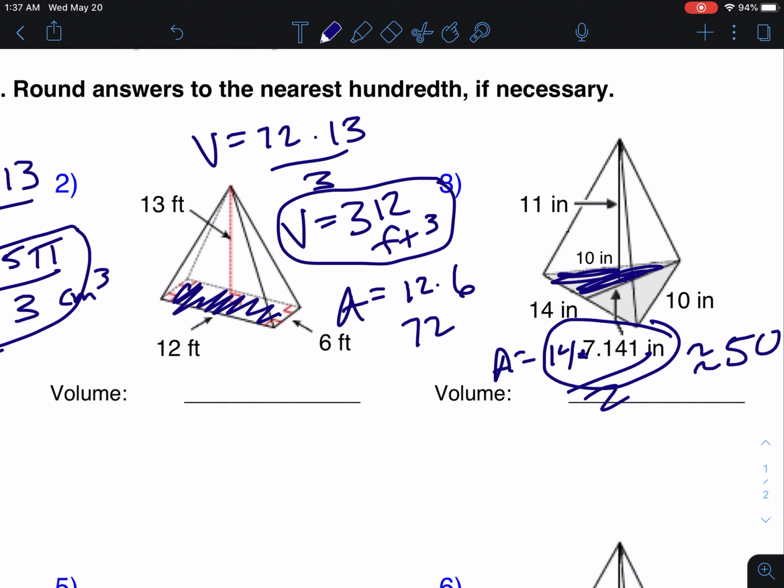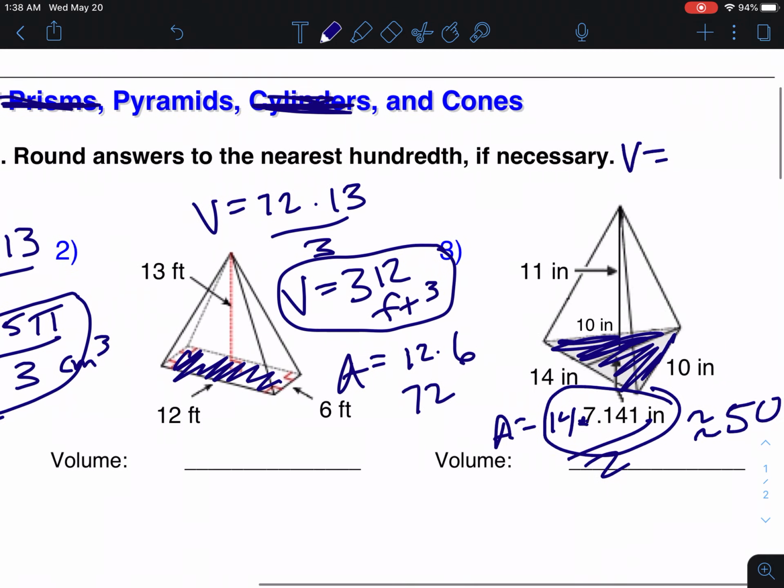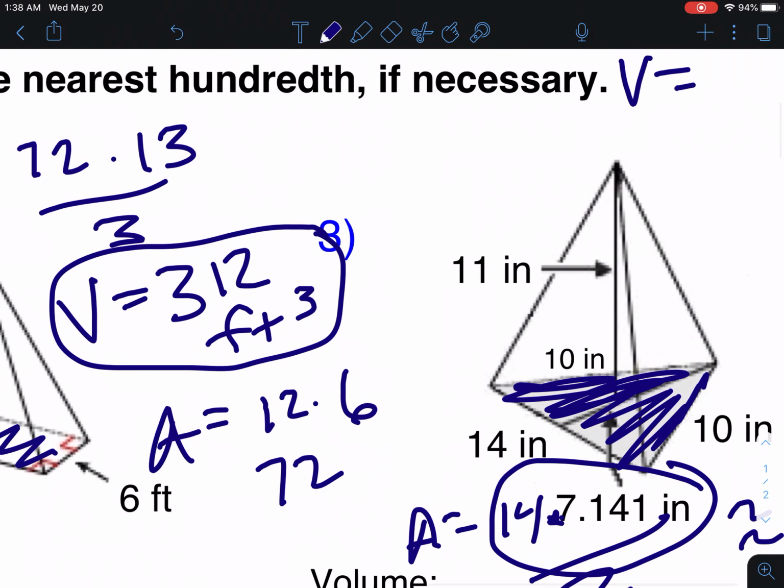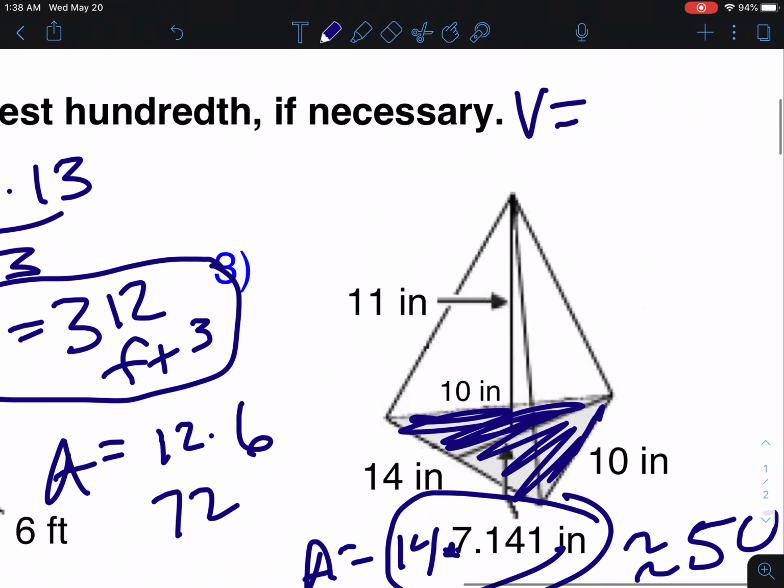So that's about 50. So for my volume, 50, that's the area of the base, times the height of 11, and all of that gets divided by 3. This will be a definite approximate here.